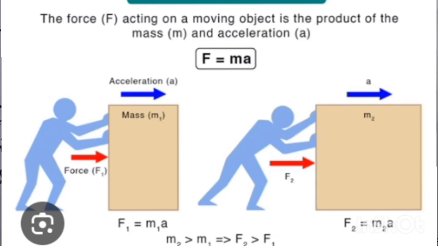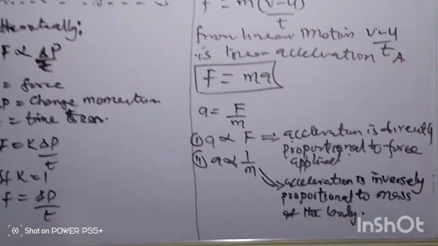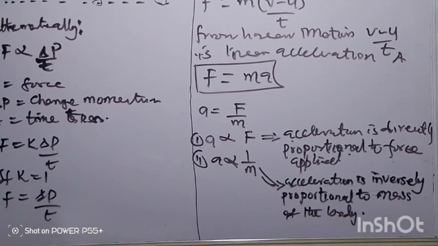The first man has F1, M1, and A, that is, F1 is equal to M1A, and the force produced is smaller than that of F2. The acceleration will depend on the mass of each body that they push, that is, M1 and M2. Now let's look at the next picture on the screen.